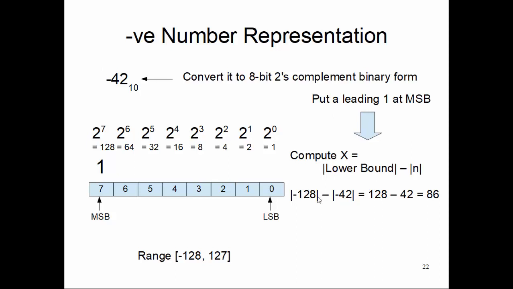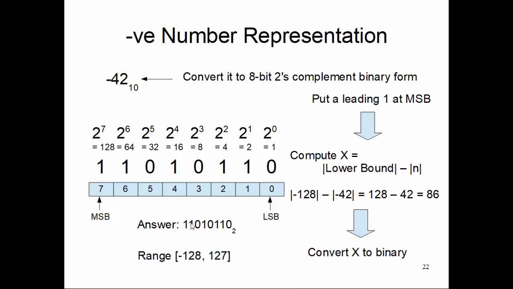So the absolute value of minus 128 is 128, and the absolute value of minus 42 is 42. That is 86. Now convert this 86 into binary for the rest of the bits, which becomes 1 0 1 0 1 1 0, and your answer becomes 1 1 0 1 0 1 1 0. So this is your 8-bit 2's complement binary form of the value minus 42.